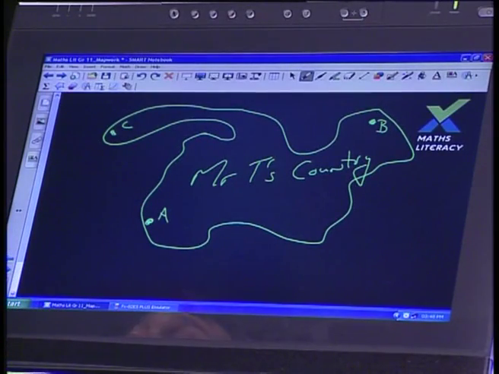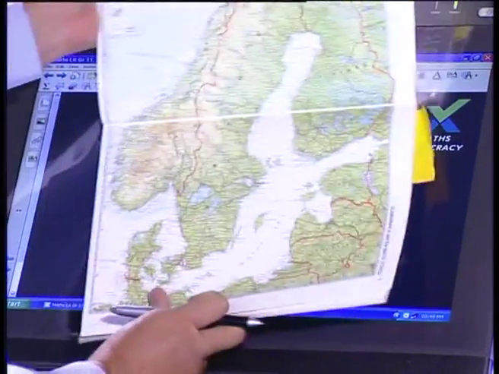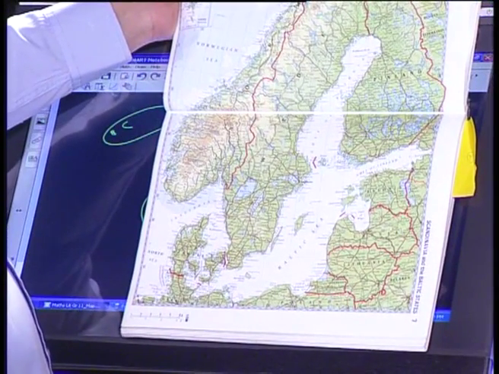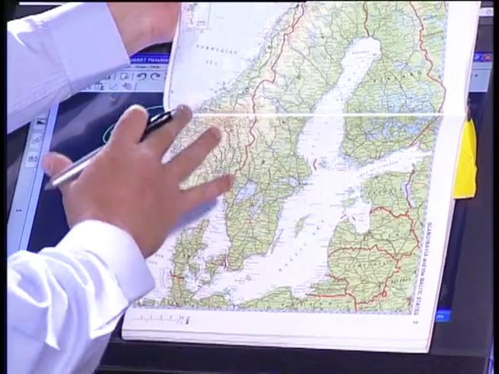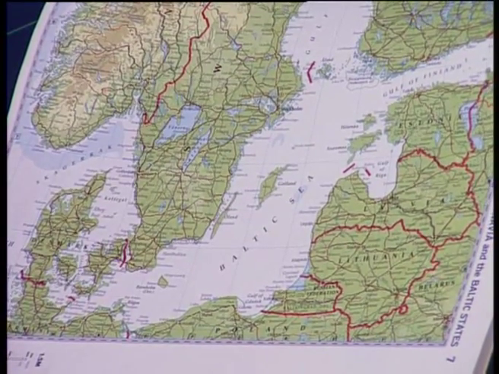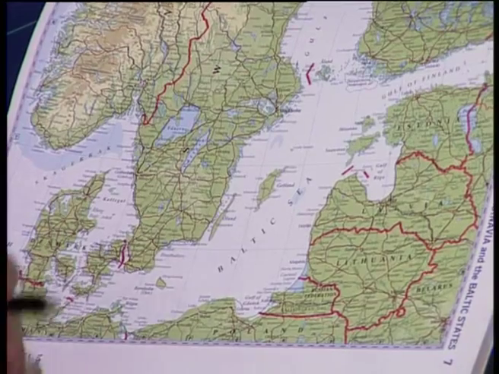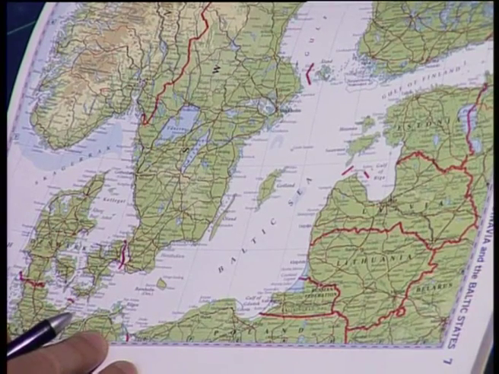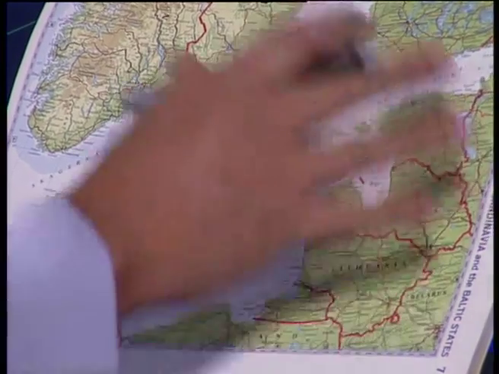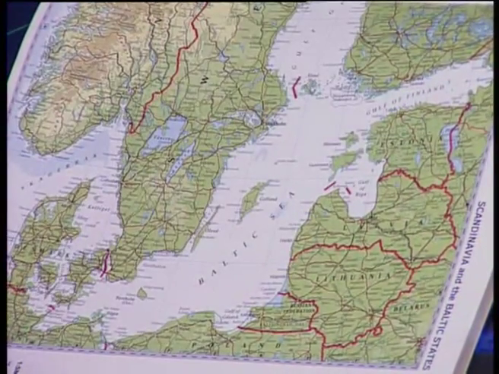But were I to suddenly show you this map, oh my goodness gracious me. There is so much information here that if I were to say to you, find the city of Gotham Bay, you wouldn't even know where to start looking here.